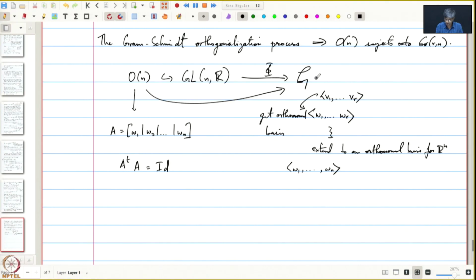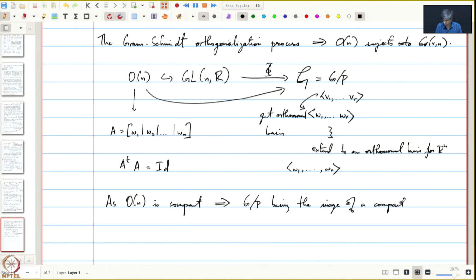And now this G is actually equal to G mod P. Now, as On is compact, since it's a closed and bounded subspace of Rn squared, and On surjects onto G mod P, this implies that G mod P, being the image of a compact space, is compact.